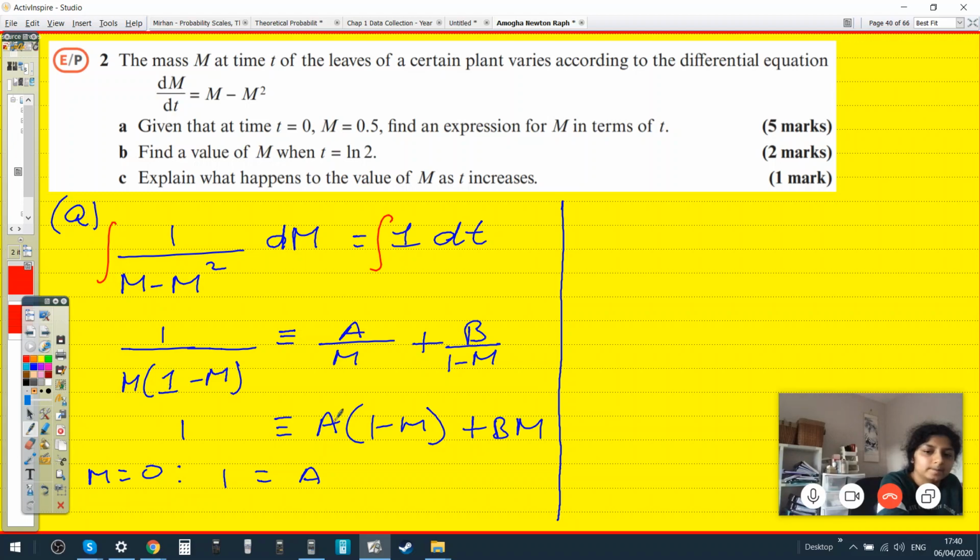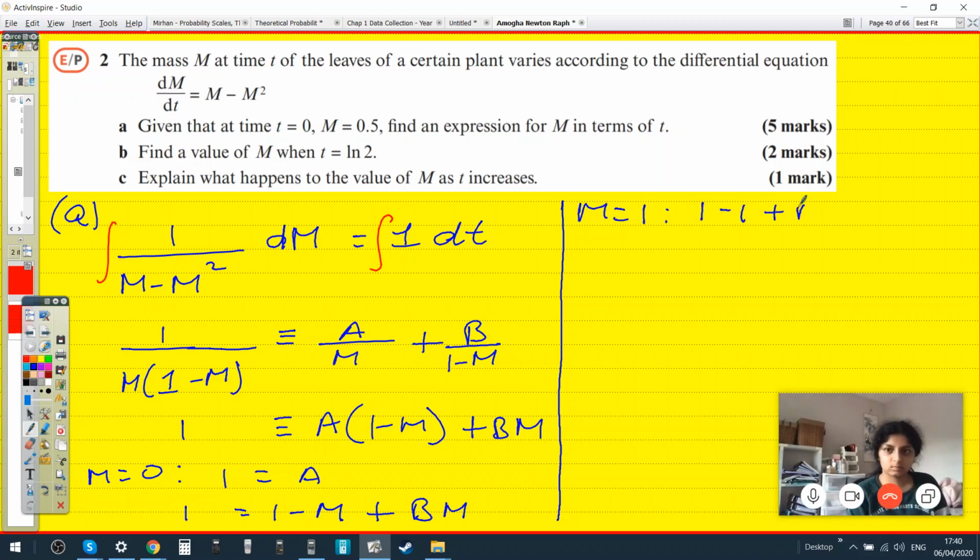1 equals 1 minus m plus bm. When m is, let's say m equals 1, then you just have 1 is equal to b as well. 1 minus 1 is 0 plus b.